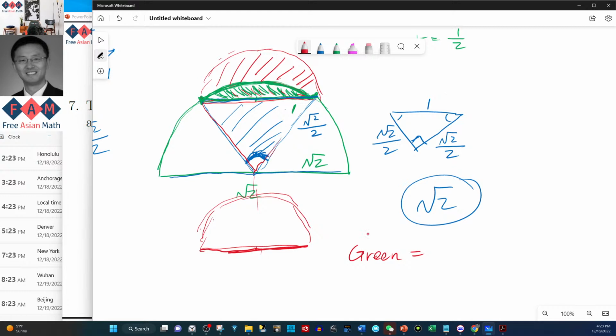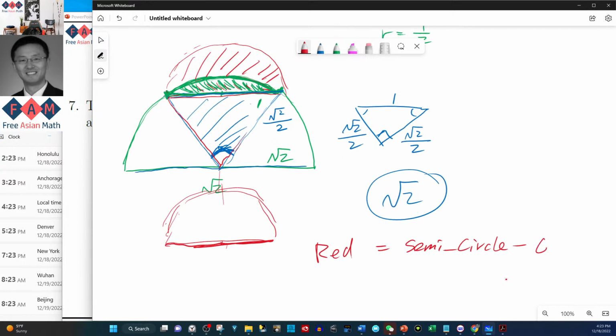equals the semicircle subtracting, oh no, I'm sorry, the red one is our target. It's just the semicircle subtracting the green, right? And what is the green? The green is the sector subtracting the triangle.